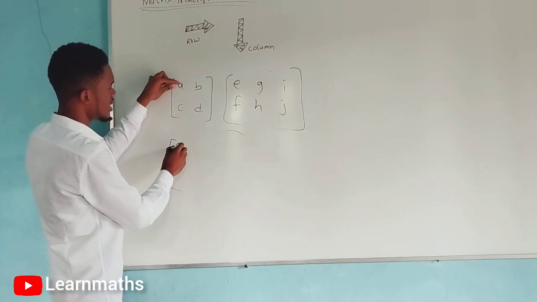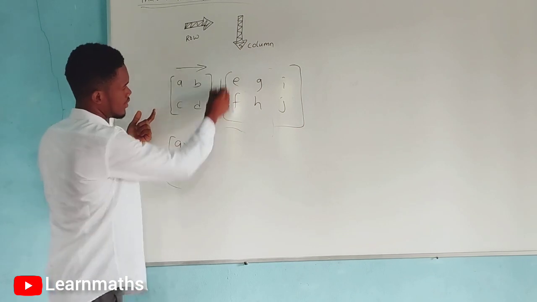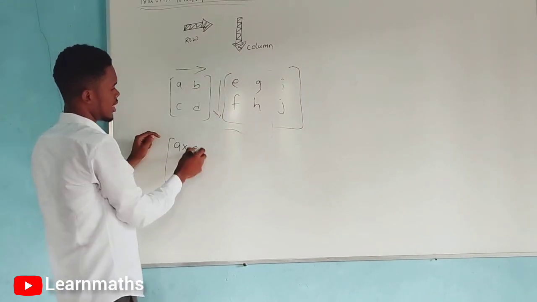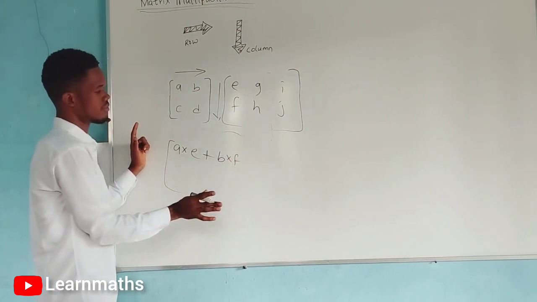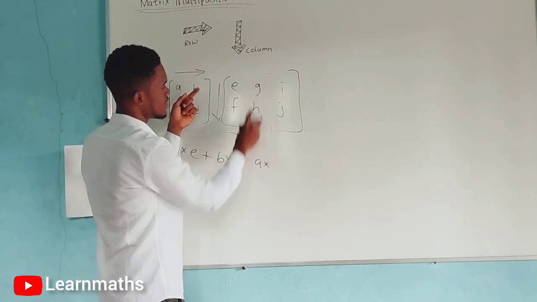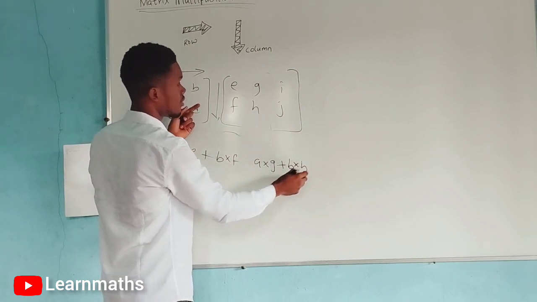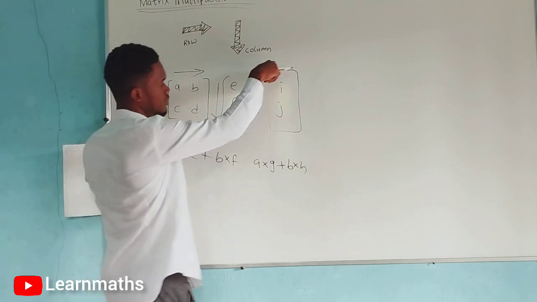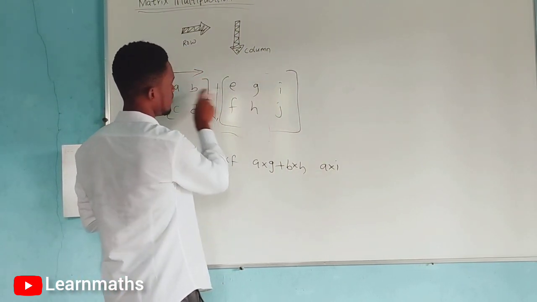So this will be A times E, you know the direction, this going down. That is the row multiplying the column here. So this will be A times E, and this will be B times F. Then we use this to multiply this again. That's A times G plus B times H. You go here, you go here. Then finally, you still use A and B to multiply I and J. That's A times I, then B times J.